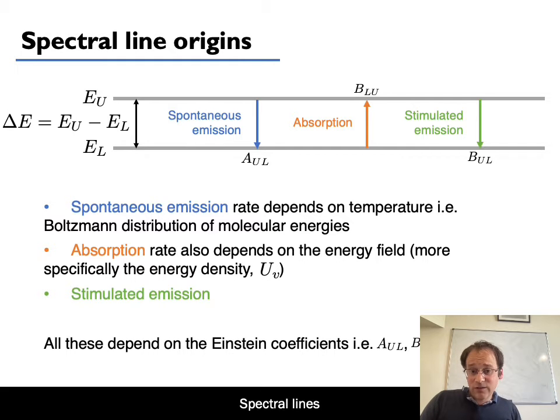In addition, we have what's called stimulated emission, where an incident photon stimulates the emission of an additional photon and the decay of the molecule to a lower energy state. In both cases, the absorption and stimulated emission depend on the density of the background radiation field, and they also have their own rate constants, which are given by the Einstein B coefficients.